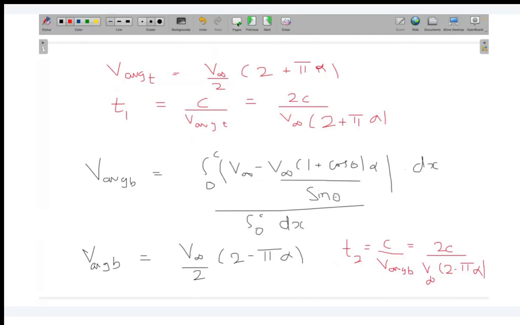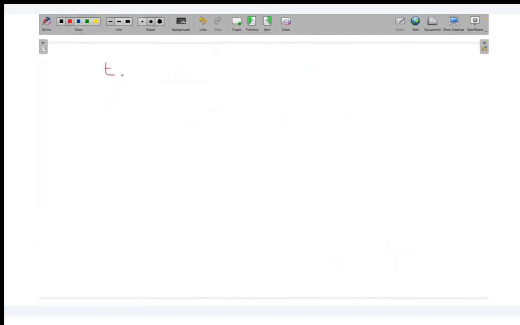T2 minus T1 will be nothing but 2C by V infinity into 2 minus pi alpha minus 2C by V infinity into 2 plus pi alpha.